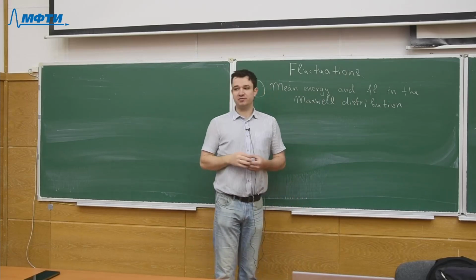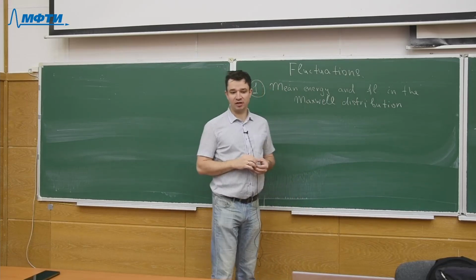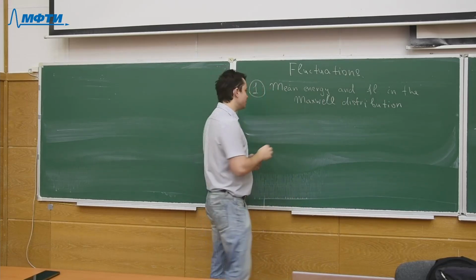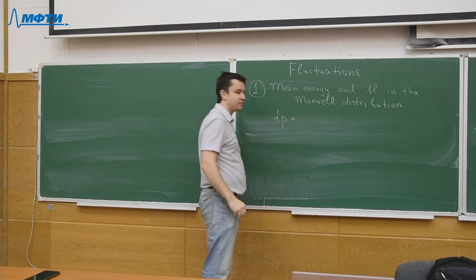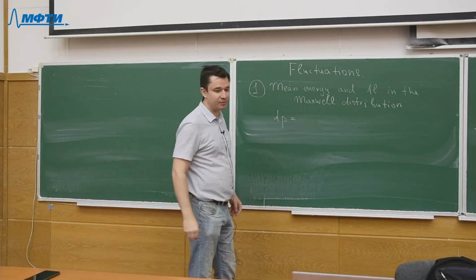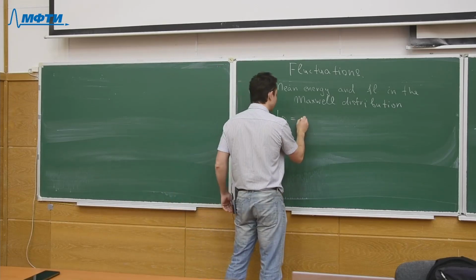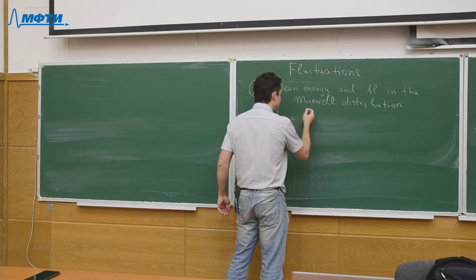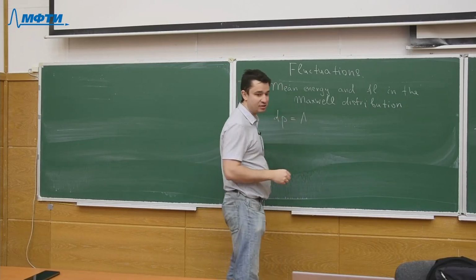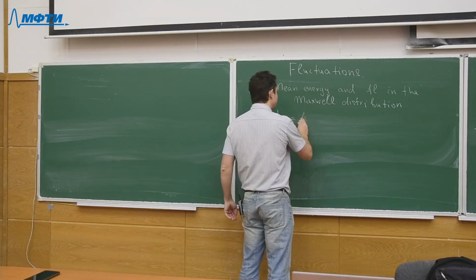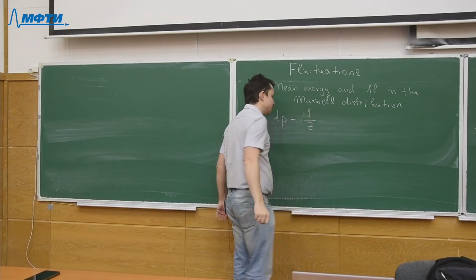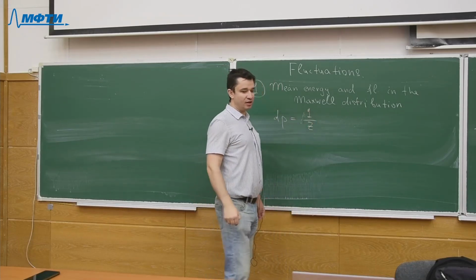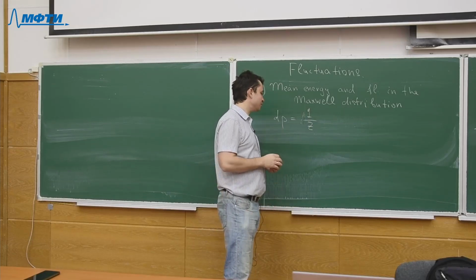As much as we know about Maxwell's distribution, the particle has the probability to have a certain velocity with the following probability density. There should be some sort of normalization constant, and I'm going to write this normalization constant as 1 over Z, since we have already the concept of partition function introduced.